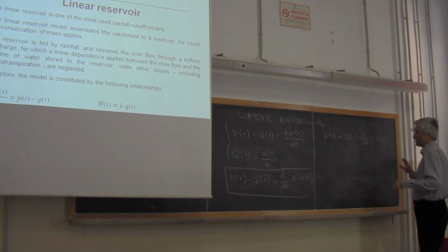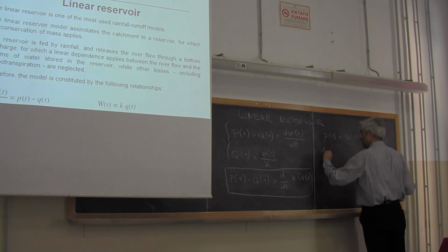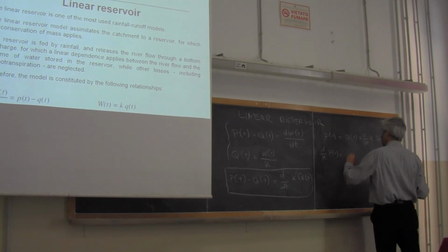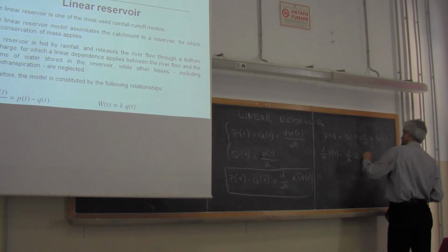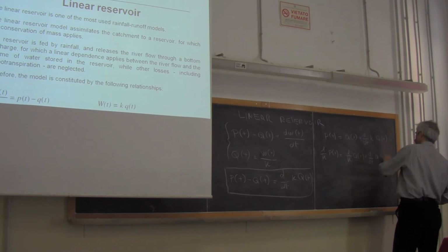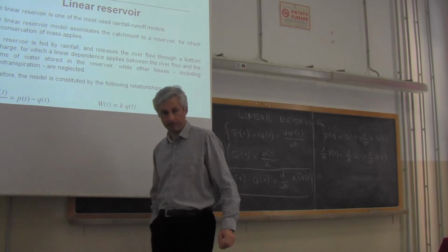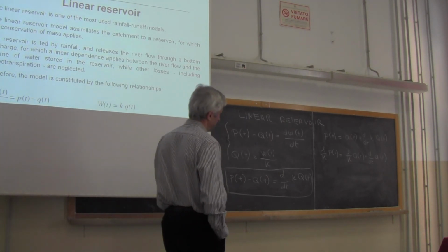And for simplicity, let me divide everything by K. So I can write 1 over K P(t) is equal to 1 over K Q(t) plus the derivative with respect to time of Q(t). Very simple so far.